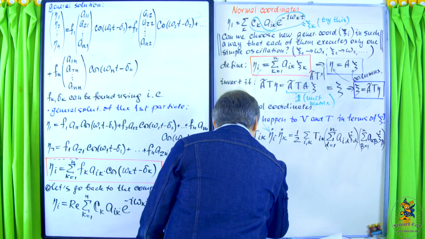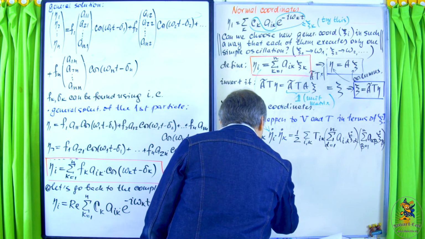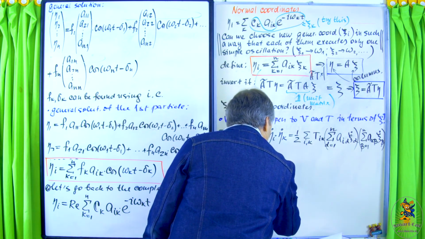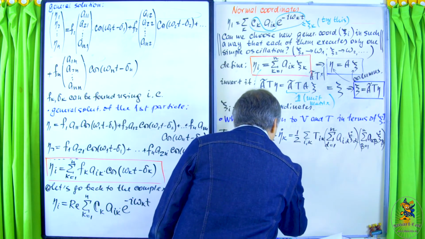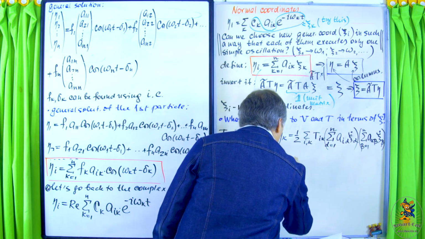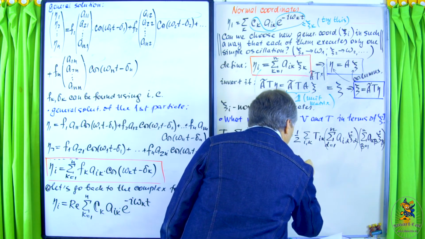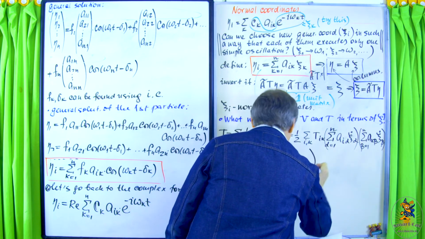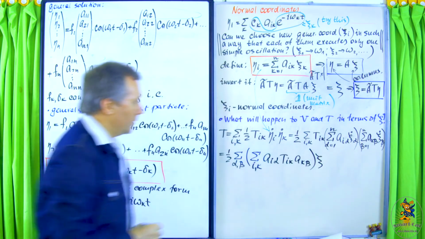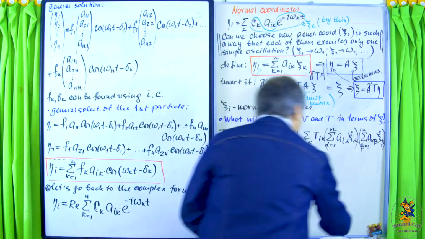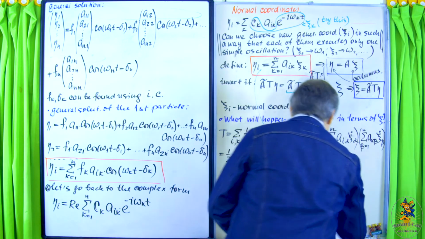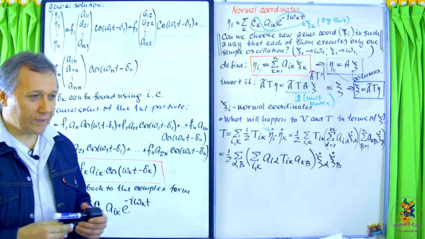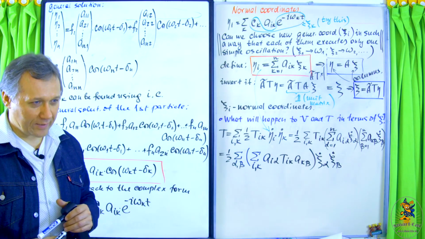So summation over i, k, right? So it will be a_{αi} T_{ik} A_{kβ}, and ψ_α dot and ψ_β dot. What is inside of these parentheses?